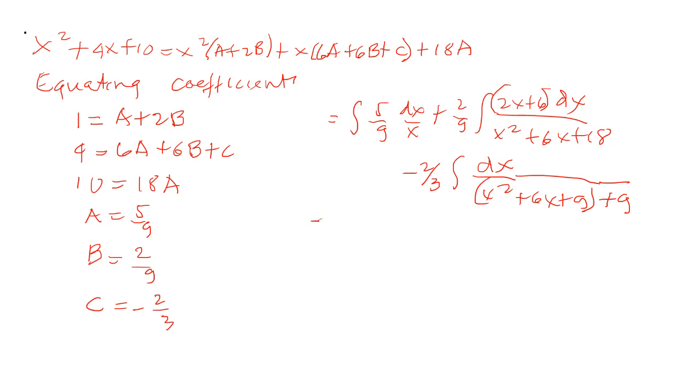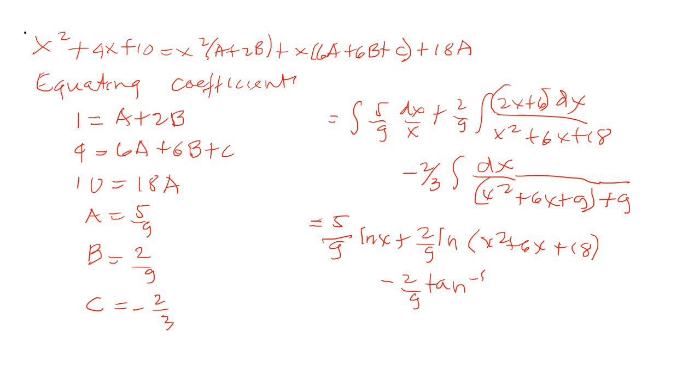So equals 5 over 9 ln x plus 2 over 9 ln (x^2 + 6x + 18) minus 2 over 9 arctangent of (x + 3) over 3 plus C.